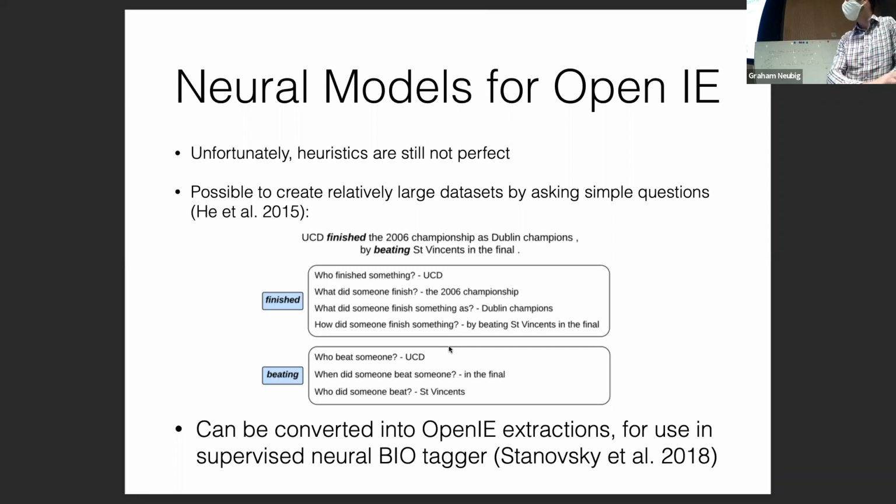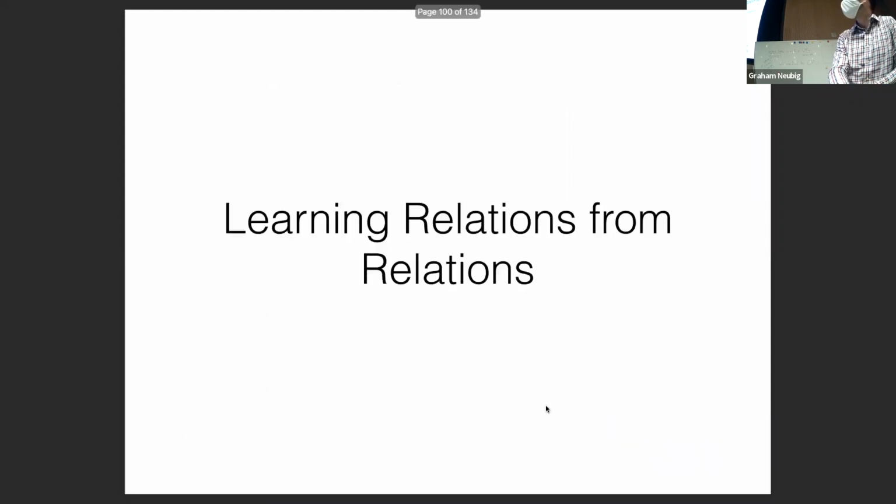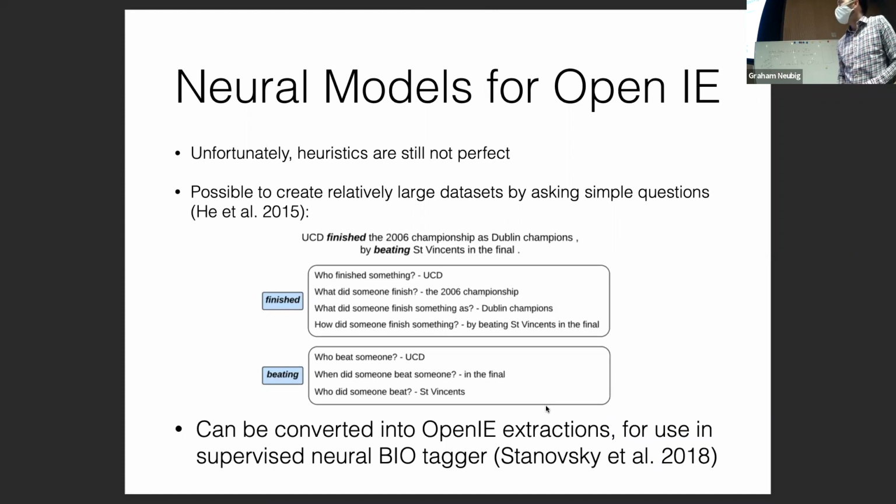So you can say like who head finished tail as, and other things like this. So by doing this, you can get something that's a bit more clean. You won't be picking up lots of garbage things that people think are not real pieces of information.